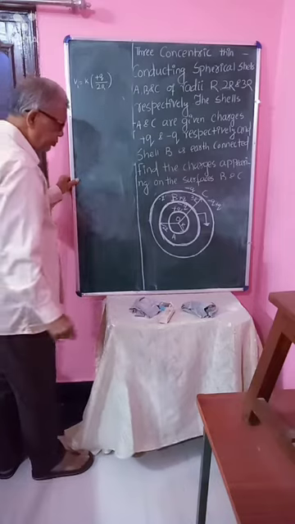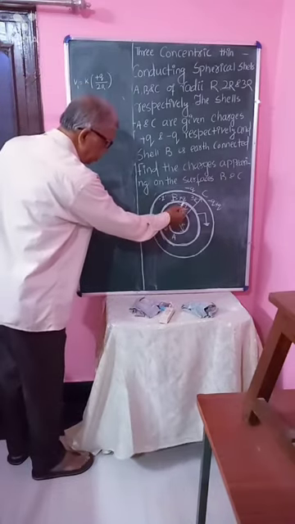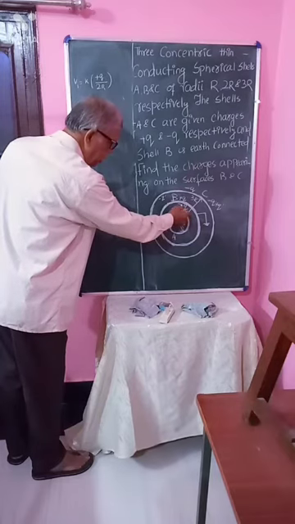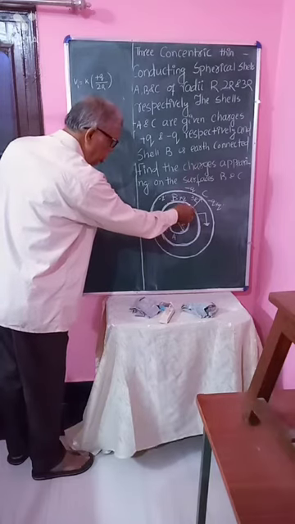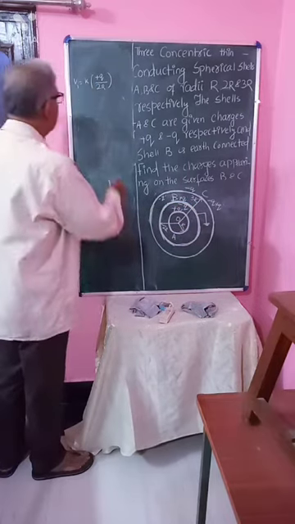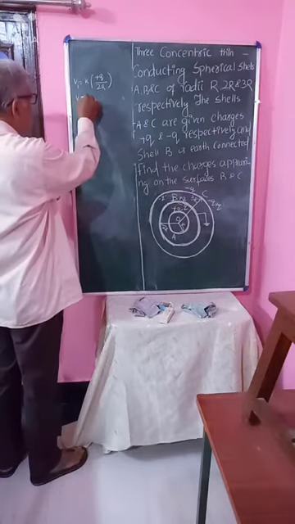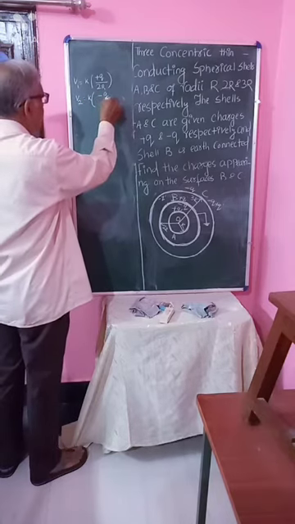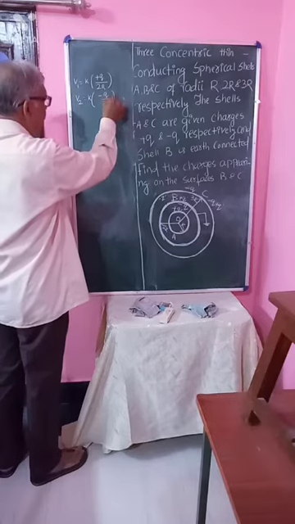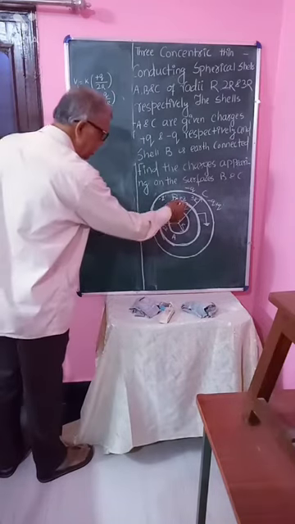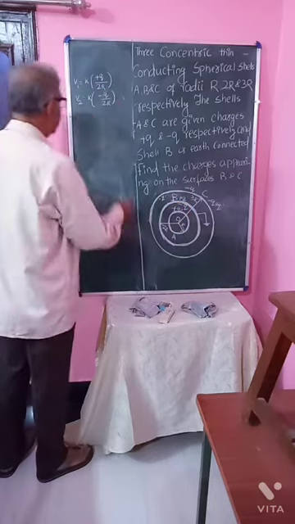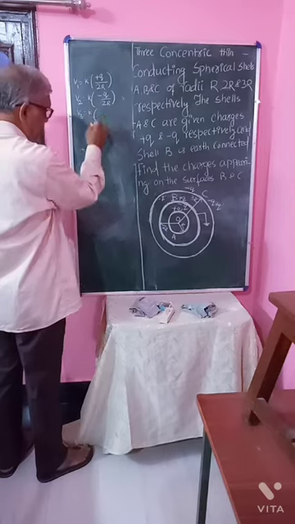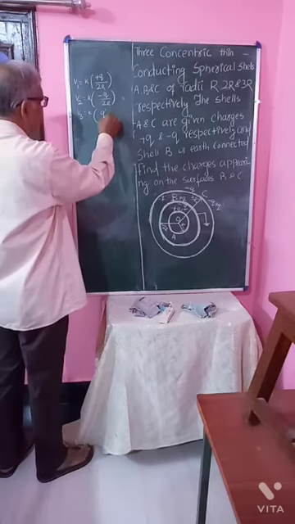Now the potential due to the charge on the inner surface minus Q, the potential due to the charge minus Q on the shell B, is equal to V2, K times minus Q by 2r, and the potential due to the charge plus Q dash is equal to V3, K Q dash upon 2r.